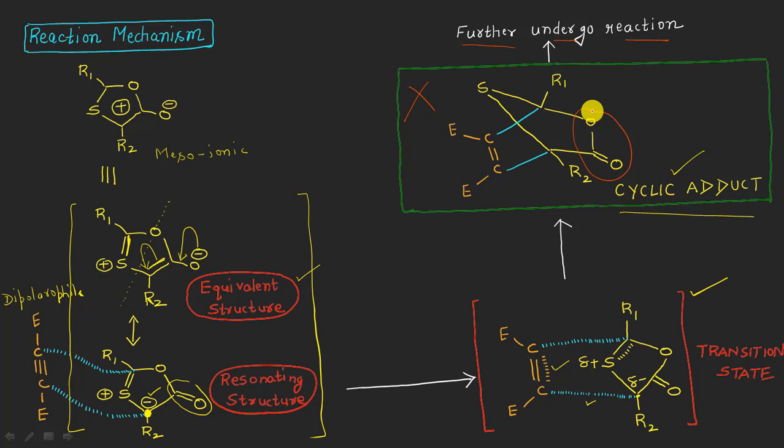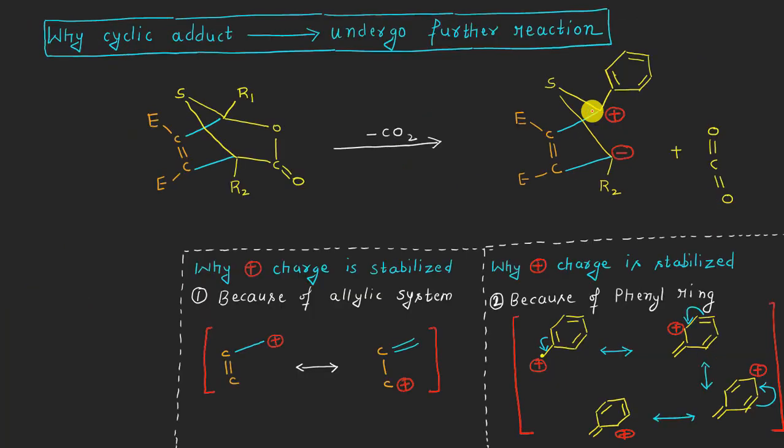And now it is time to understand why the reaction won't stop here at the cyclic adduct stage, and what is special in this intermediate after the removal of a molecule of CO2, that it is going in this direction, right? What I mean to say is why the reaction is not stopping here, and it is giving a molecule of CO2, thus generating an intermediate which has a positive charge on this carbon atom.